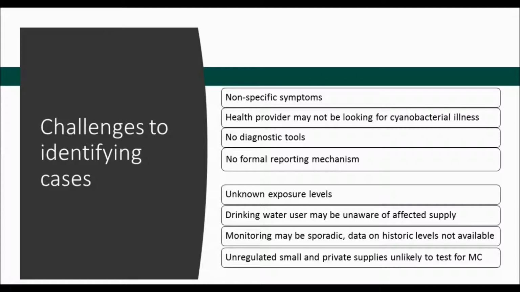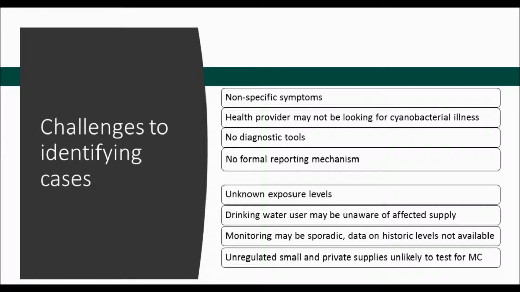Health providers are unlikely to be looking specifically for cyanobacterial illnesses because it's not something that comes up very often, so it may not be on the radar. There are no diagnostic tools to say your illness is caused by cyanotoxins, and there's no formal reporting mechanism. So if there had been events that we could link up to bloom events, we don't have records to be able to do that yet.